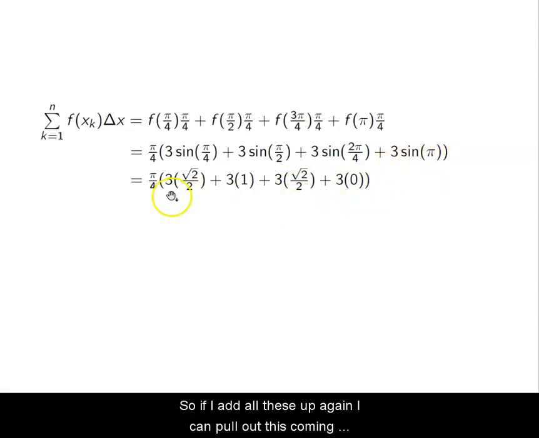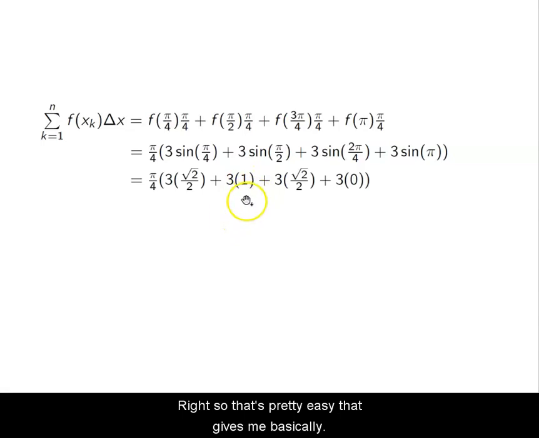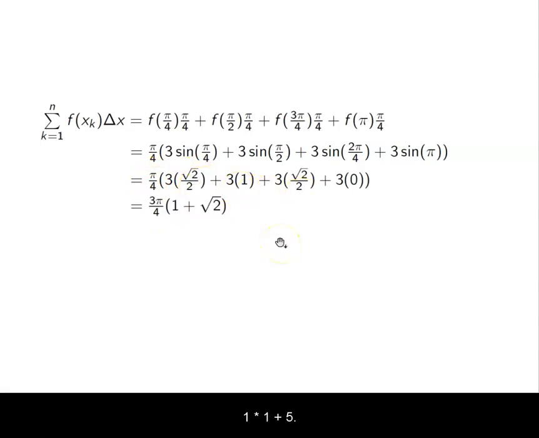If I add all these up, I can pull out this common 3 because it's 3 sine everywhere. I have 3 pi over 4, times 1 plus pi over 2, right? And that's the exact value of my approximation.